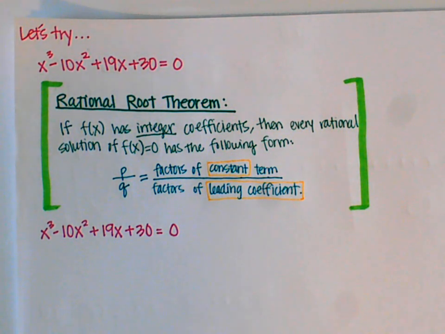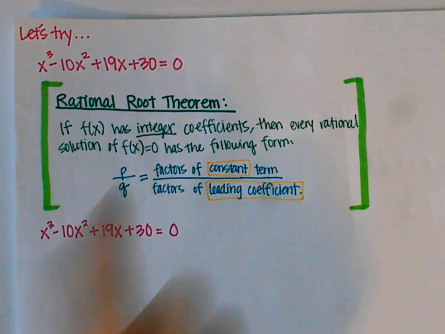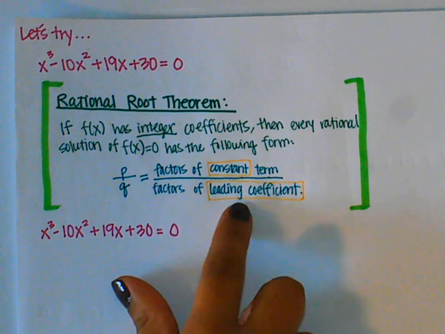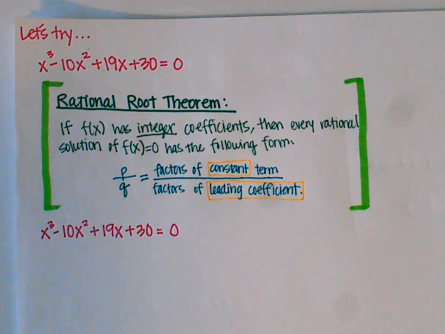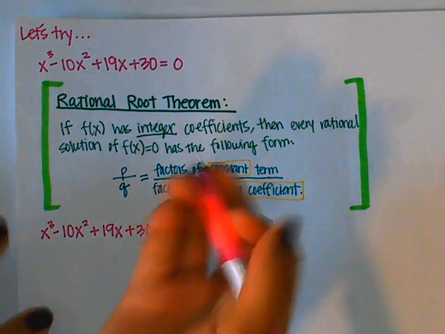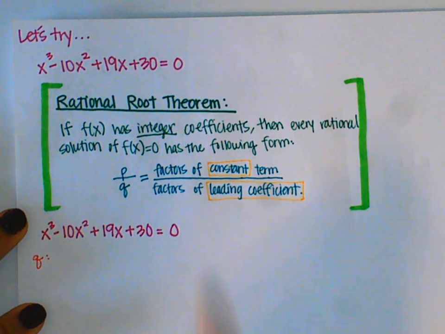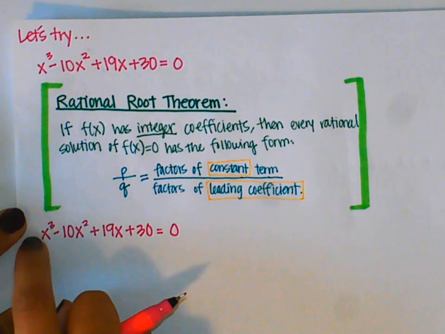So the first thing I want to start off with in this problem is I want to list all of the factors of P and all of the factors of Q so that I can then bring up my fraction. So let's start off with Q, the factors of my leading coefficient. I like to start with Q because it's the first one.